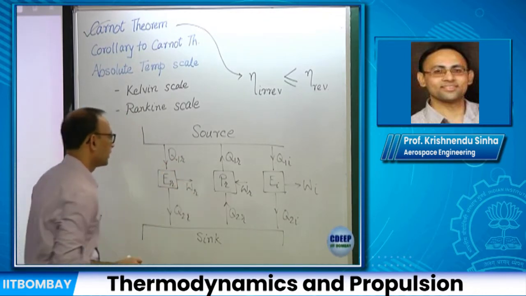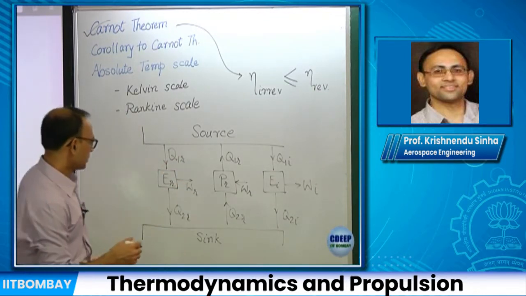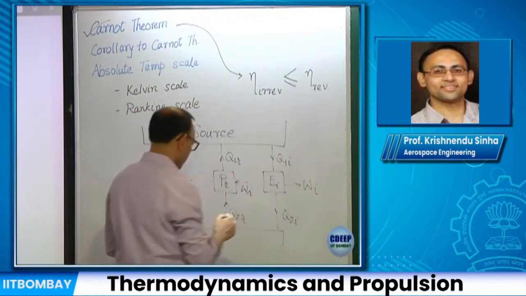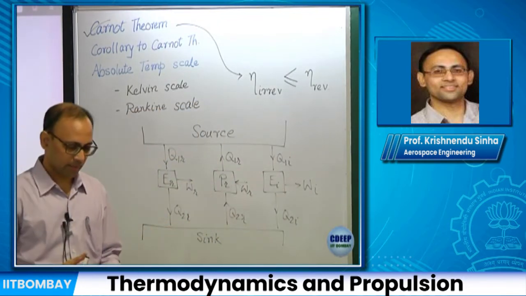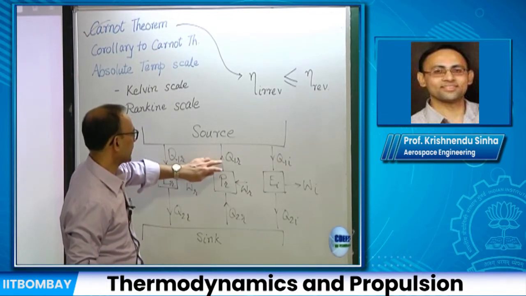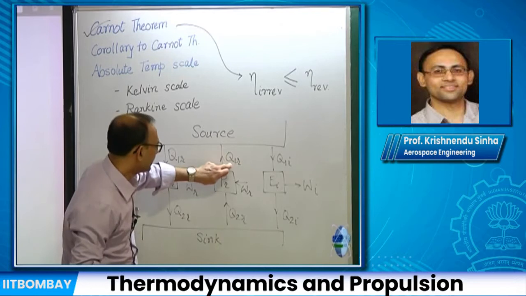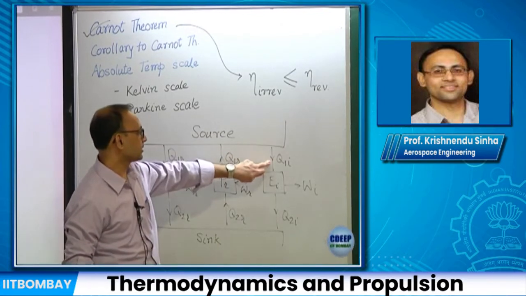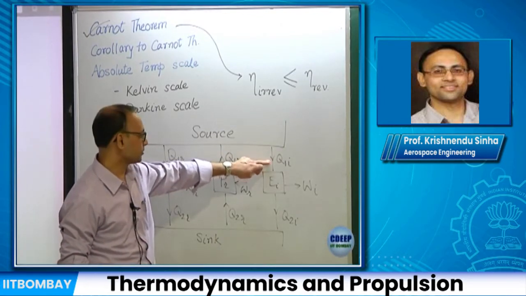And the argument was that if we can make the pump operate at a speed which will exactly match, so that the heat delivered will exactly match the heat taken up by the irreversible engine.